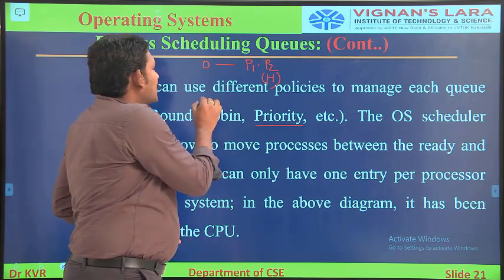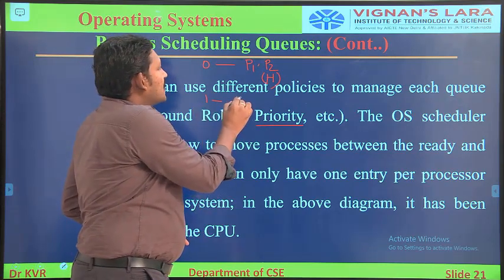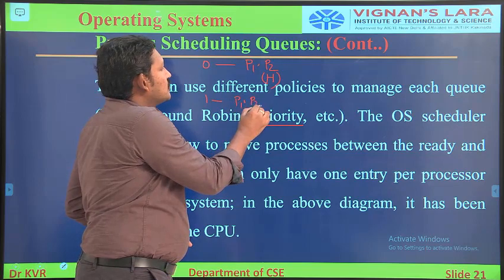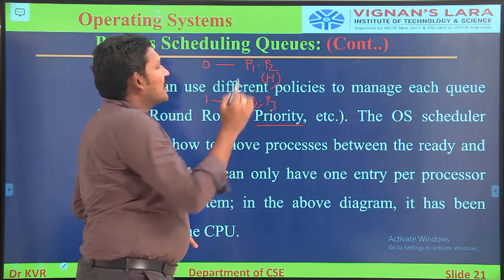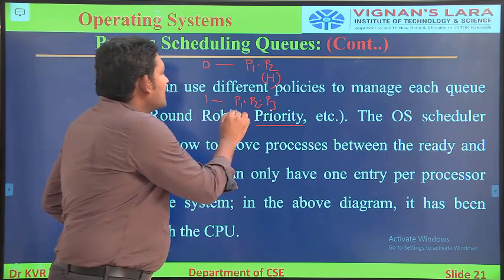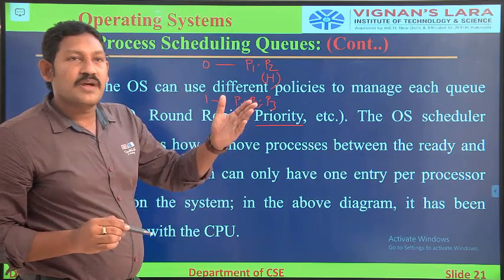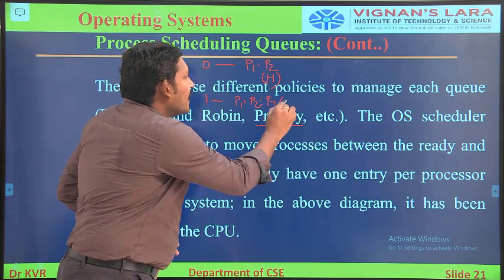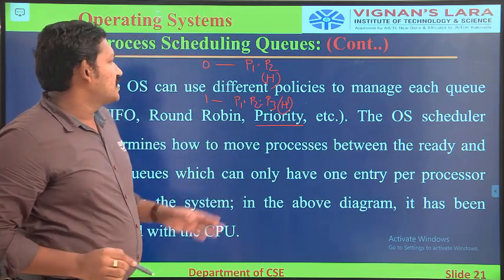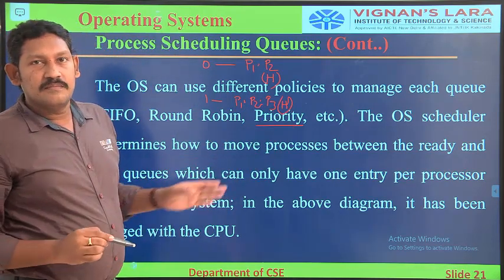Suppose at time 1 there are three processes P1, P2, P3; we identify which has the highest priority, and that process is executed. This is what the priority scheduling algorithm means.